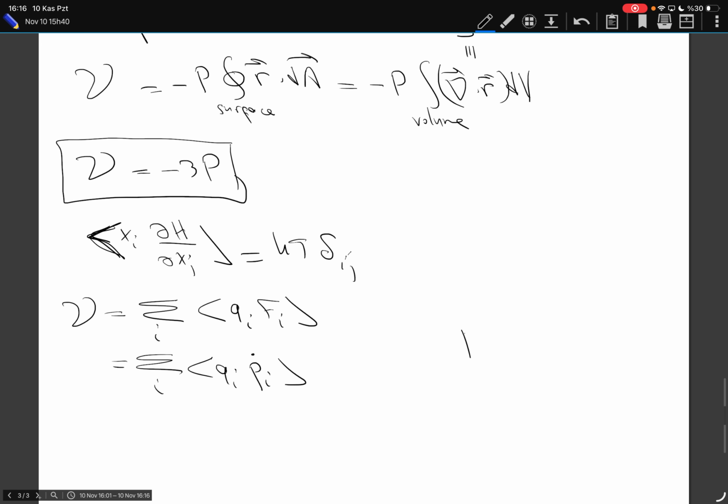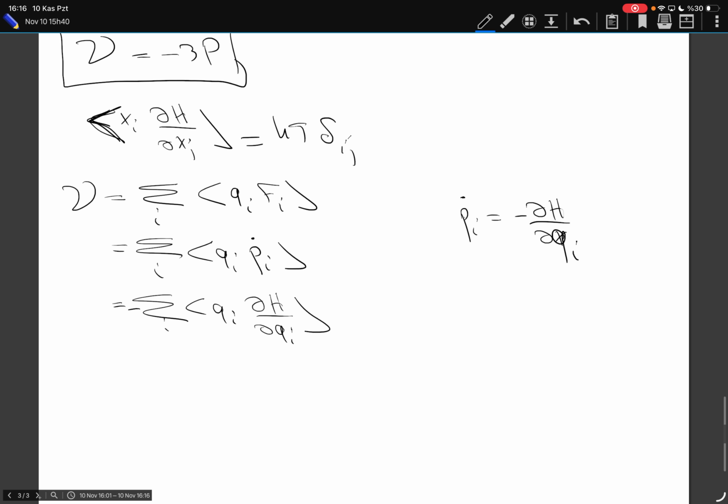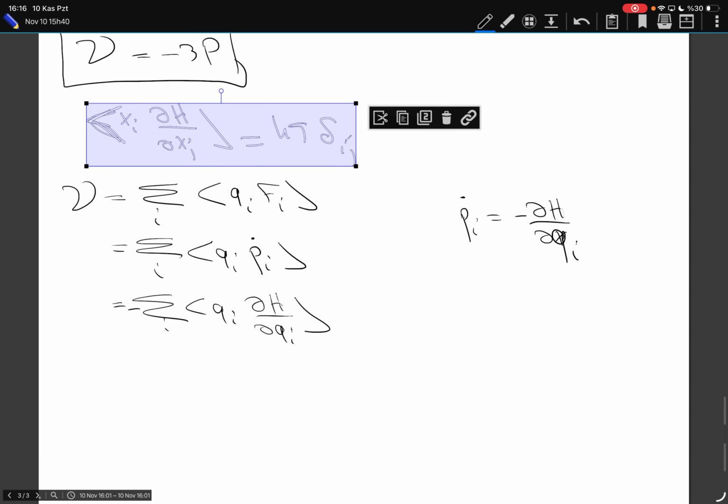But Pi dot is nothing but minus the derivative of the Hamiltonian with respect to Qi, the corresponding coordinate. But this is what I had obtained.